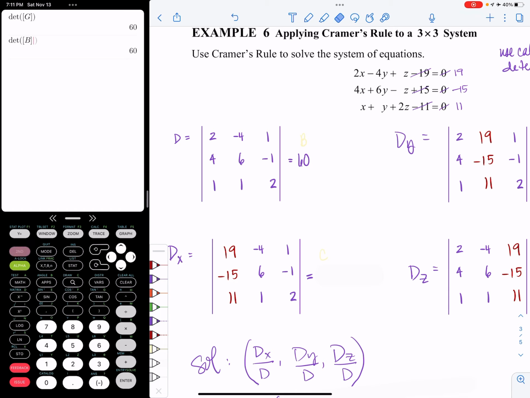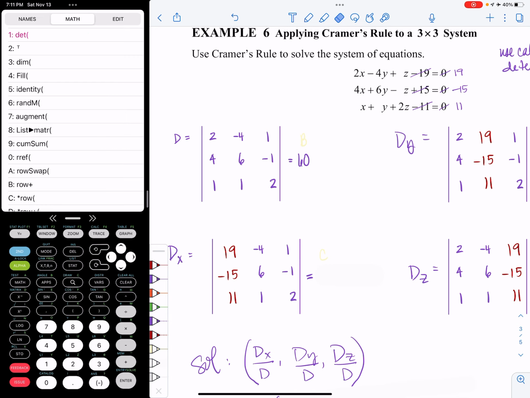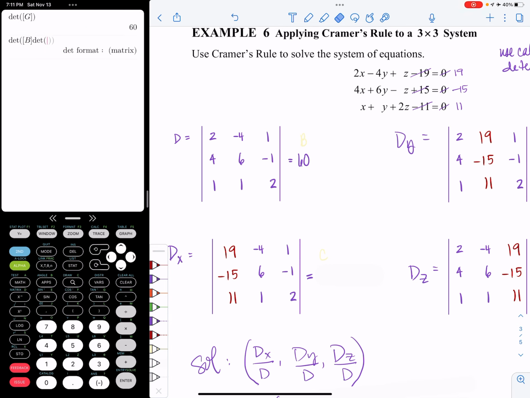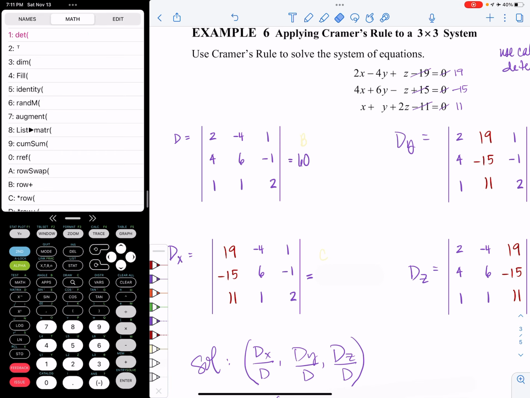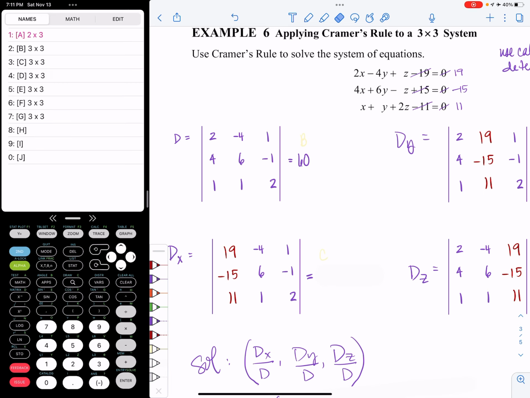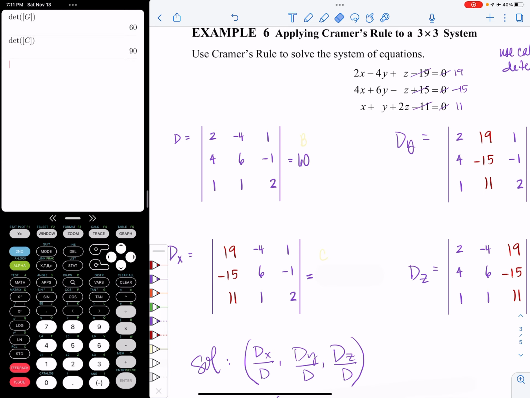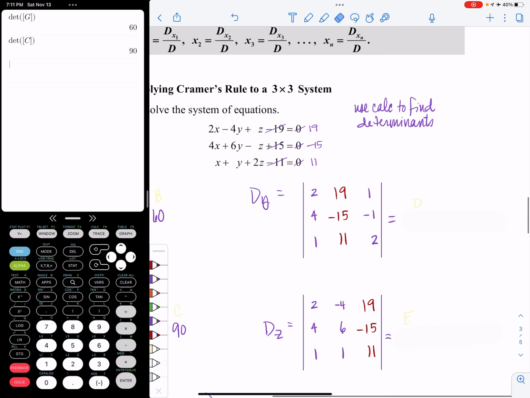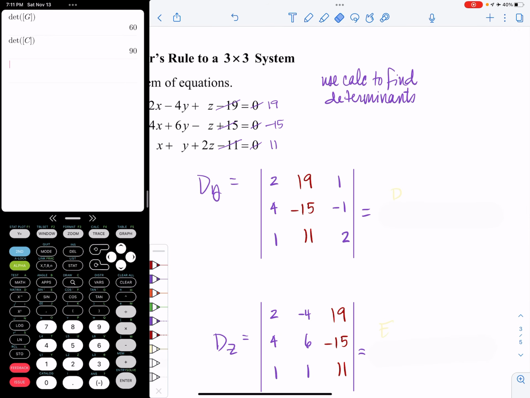So we'll go back into our matrix menu, go to the math column, pull out determinant. Uh-oh. Let's try that again. And I will use my C matrix. And so for this one, we have 90. And to get d sub y, I have my constants replacing the y column.